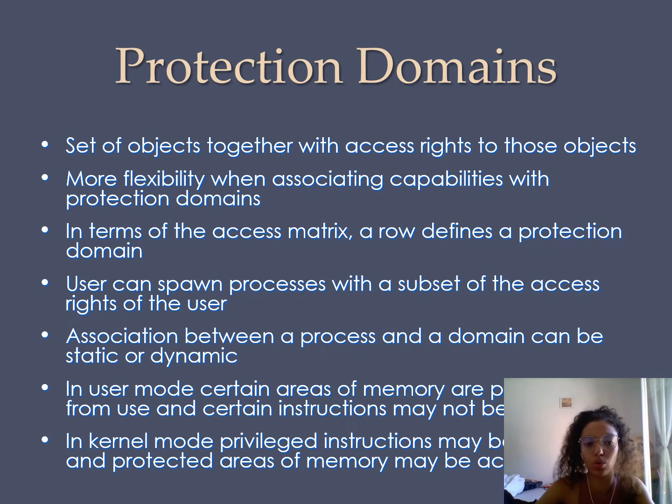Also, a user could define a protection domain for a program that is not fully trusted, so that its access is limited to a safe subset of the user's access rights.